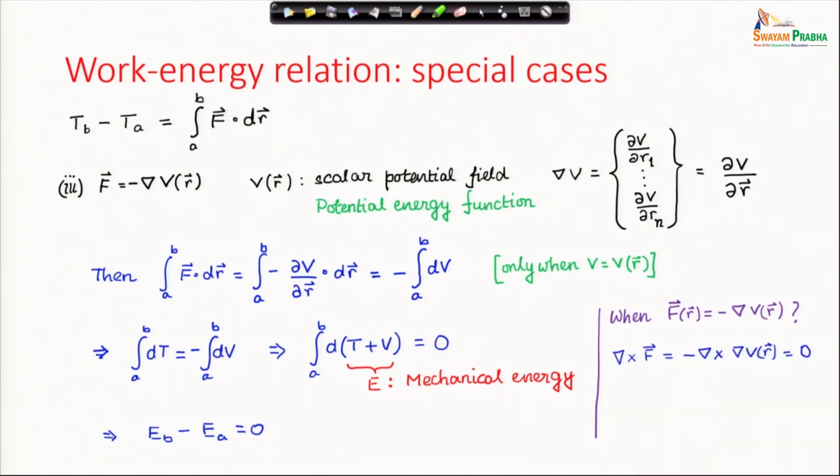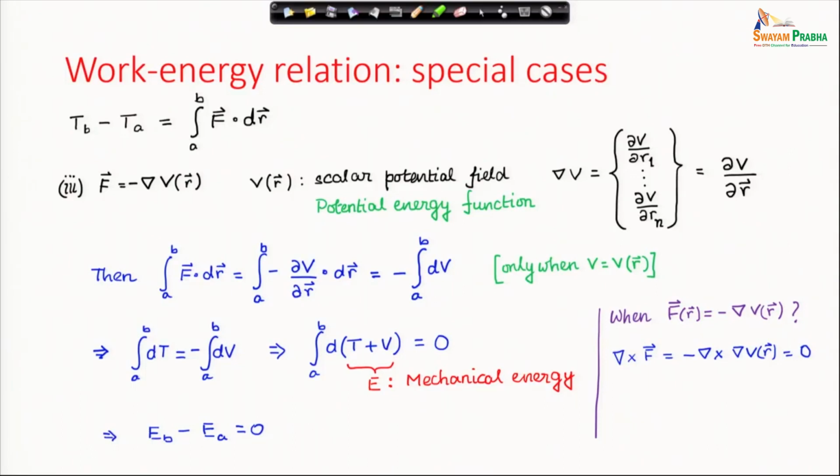If you take the curl of both sides of the expression F equals negative gradient of V, then you can see the curl of the gradient of a scalar is always 0. This is a theorem from differential calculus. Therefore, if the curl of the vector field is 0, then it can be represented as minus the gradient of a scalar field.